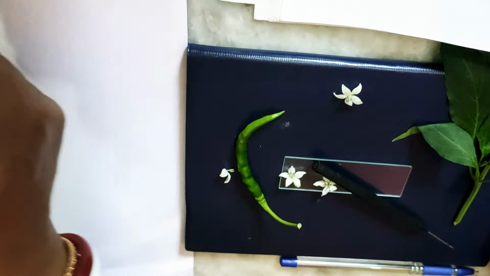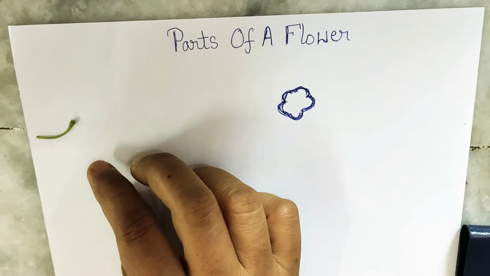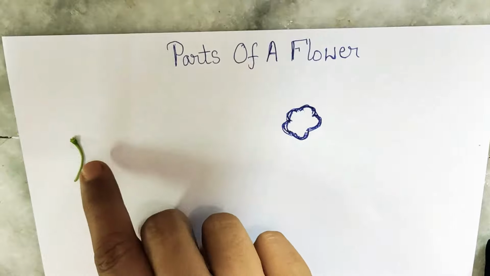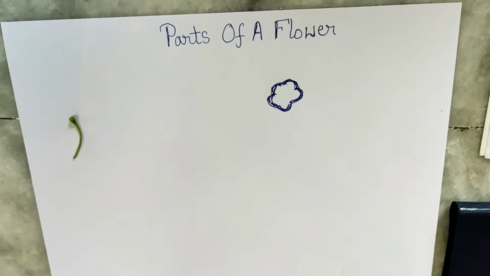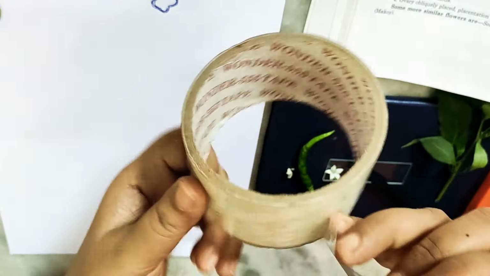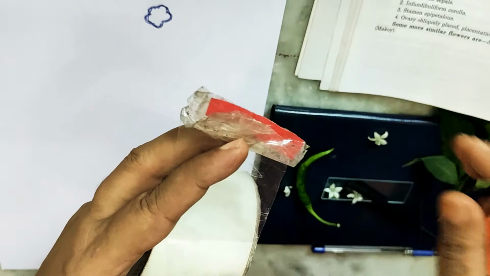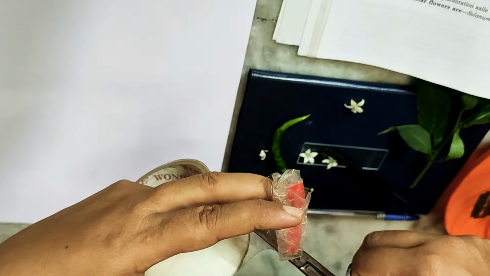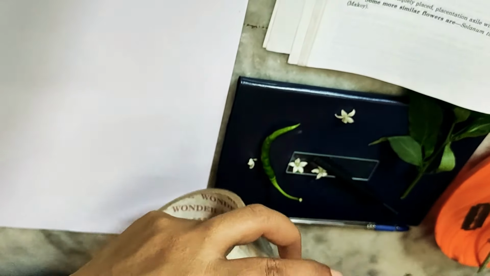Now what you will be doing is taking an A4 size paper and displaying all the parts. Suppose you are putting this as your calyx, with the petal and the petiole, and then you take out one sellotape and cut it like this.